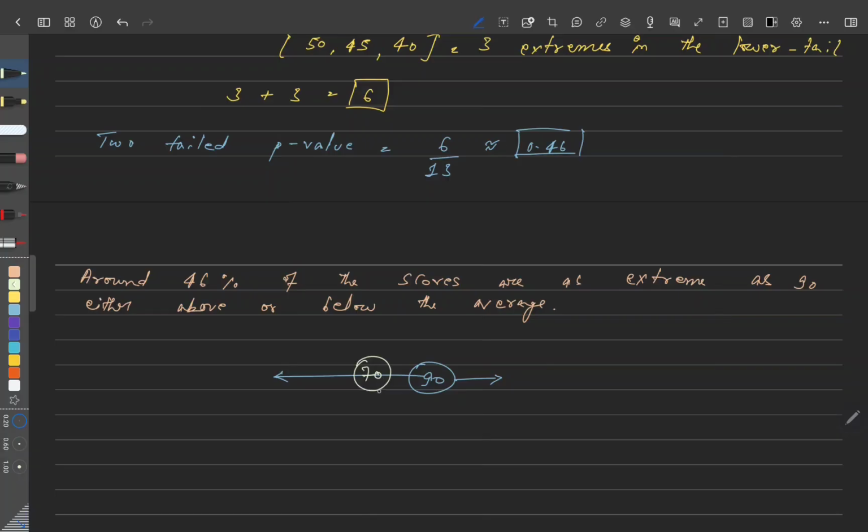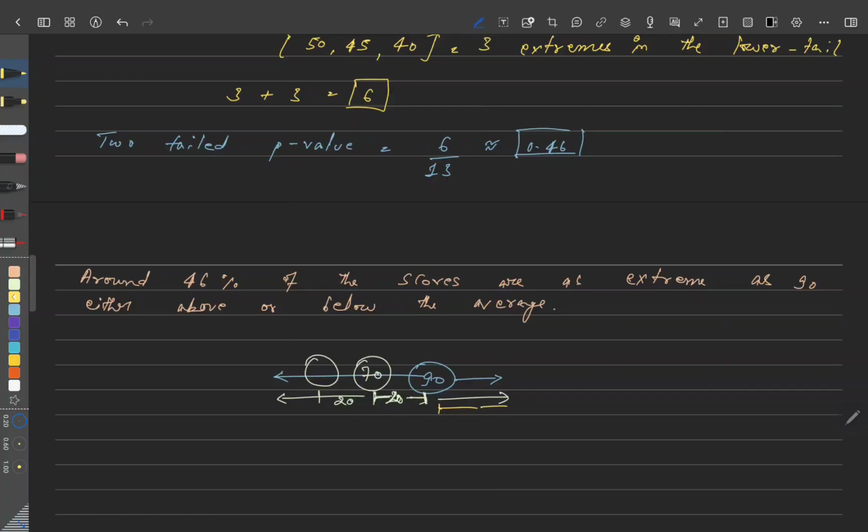Okay, so we'll find out the difference, which is 20. And since on the upper side we are already finding the difference from the reference score, we would just simply calculate this one side, and then we'll calculate this. So we'll find out the next value here, whatever is the difference, which is 20 away from the average, and then we'll find out all these values.